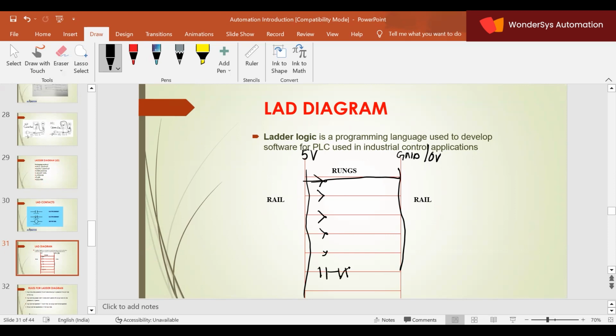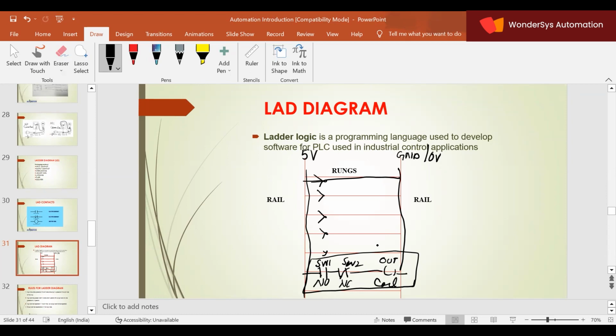If I take this combination, I can imagine switch 1, switch 2, and this will be the output. This is one simple combination where we'll be using NO, NC, and an output coil. This is how we'll write the ladder diagram. And no confusion? That's good.